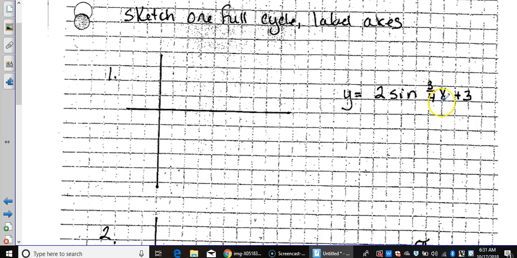Are we going to deal with A, B, or D first? The answer is D. We're going to do D first. So I'm going to go 1, 2, 3, and sketch the midline.